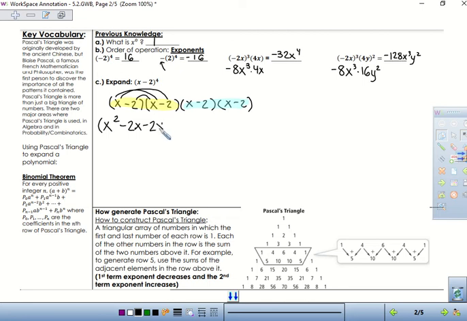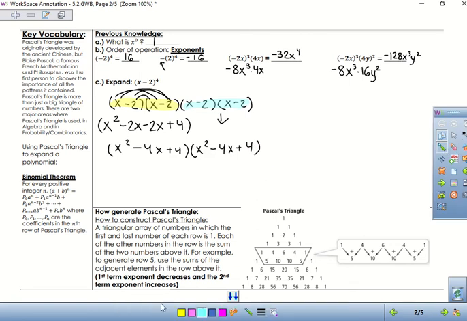Negative 2 times x is negative 2x. And then lastly is going to be positive 4. Now you're going to have to combine like terms, so you end up with x squared minus 4x plus 4. And we have to multiply that by what's in the blue. Now, do we have to multiply what's in the blue out? No, because we already know it's going to be the same thing as the other one, right?